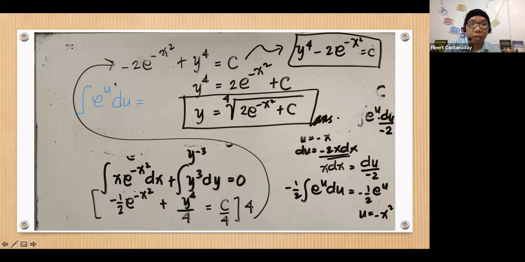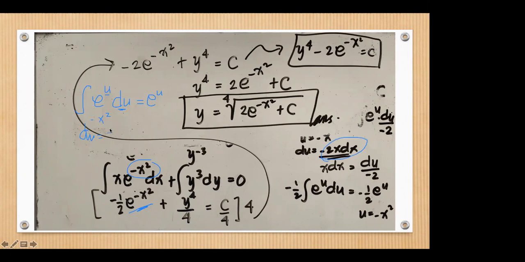Remember, integral of e raised to u du. So kapag ganito, satisfied yung differential niyan. So the answer is e raised to u lang. Ito lang yung nangyari, di ba? Ano yung u mo? Ano yung u natin? Minus x squared. Ano dapat yung du mo? And that is minus 2x dx.